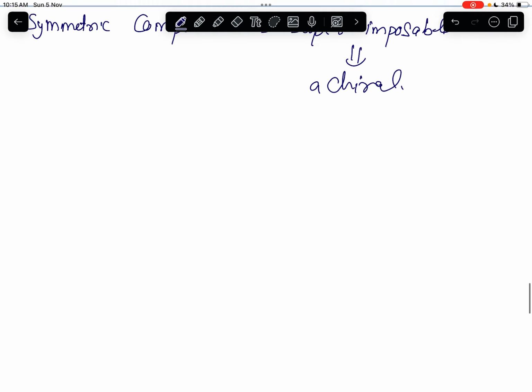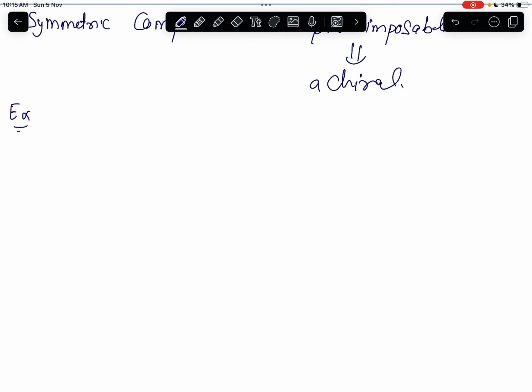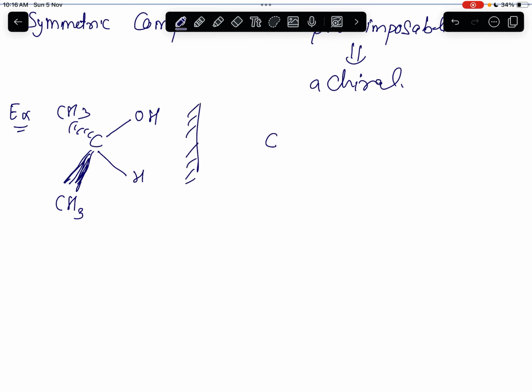Let's understand by an example. Suppose this is the compound, and in the 11th class we have already studied that if the group is out of the plane we make it a dark wedge, if the group is below the plane we show it by a dash line, and OH and hydrogen are in the same plane. We make the mirror image. If we make the mirror image, then you can see this type of image.